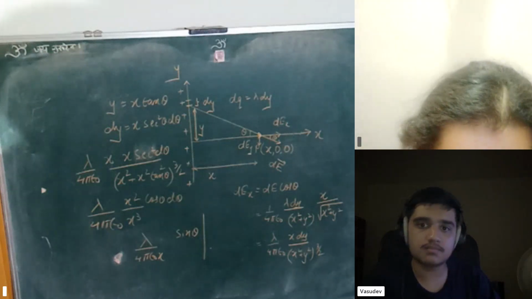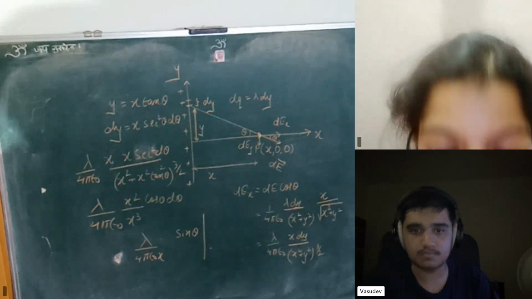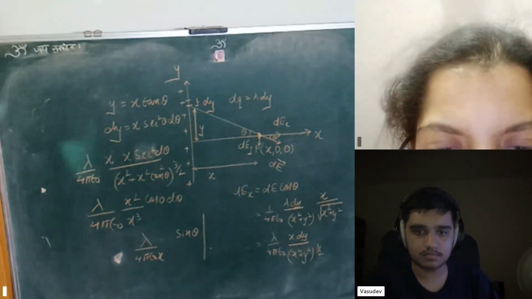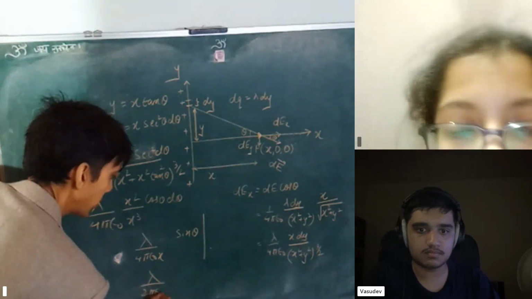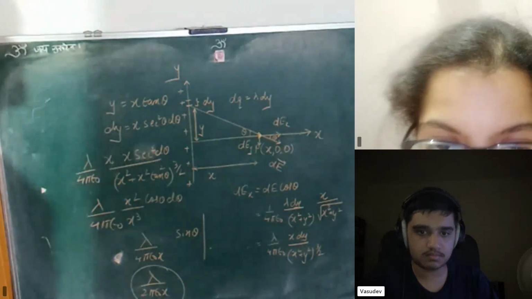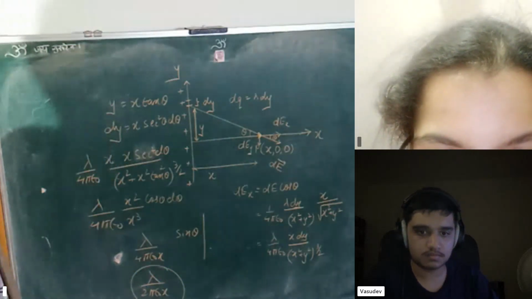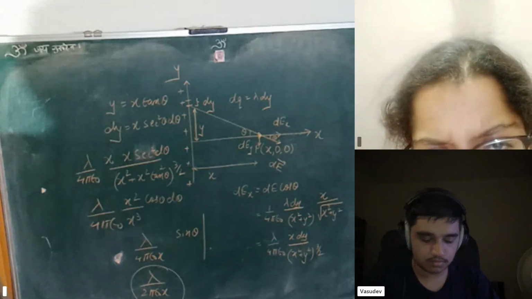So pi by 2 minus minus pi by 2 will get you 2 there, correct? Yes, sir. Evaluating it gives lambda divided by 2 pi epsilon naught x. Remember this value is very important. You are having only Ex and it is equal to lambda divided by 2 pi epsilon naught x.